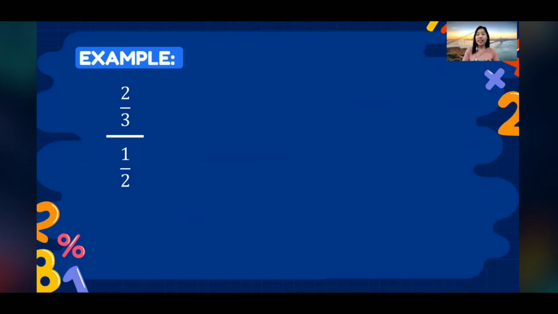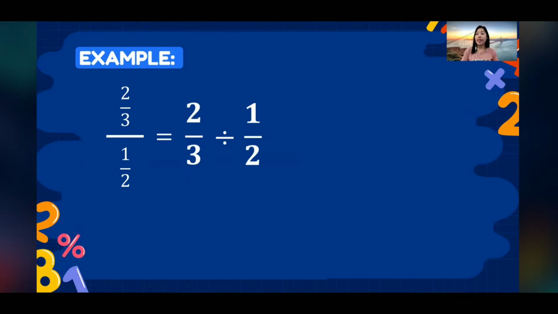So here in this fraction, we have a fraction in our numerator part and we have another fraction in our denominator. So all we have to do is to copy the numerator as our first fraction and then change the line to division symbol and then copy the denominator as our second fraction. So after that, we will divide it.